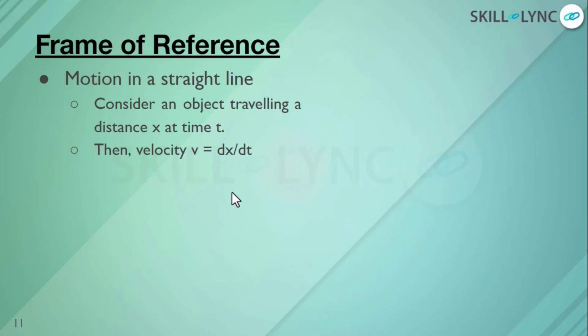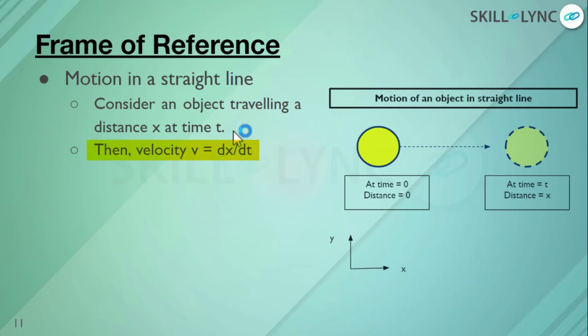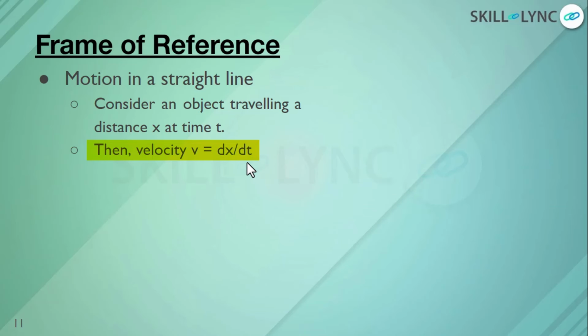The next thing we are going to study on frame of reference is motion in a straight line. Consider an object traveling a distance x at a time t. Then the velocity of the object would be written as v equals dx by dt.